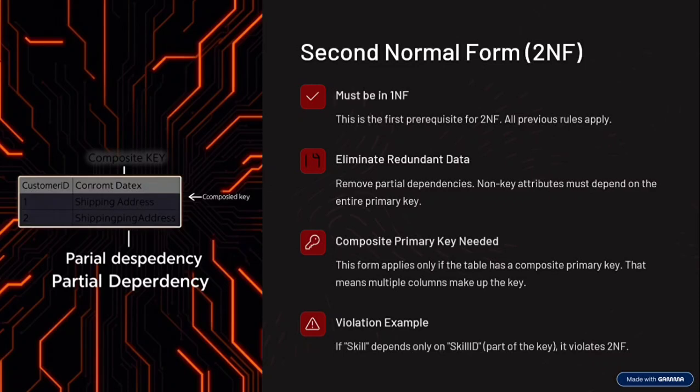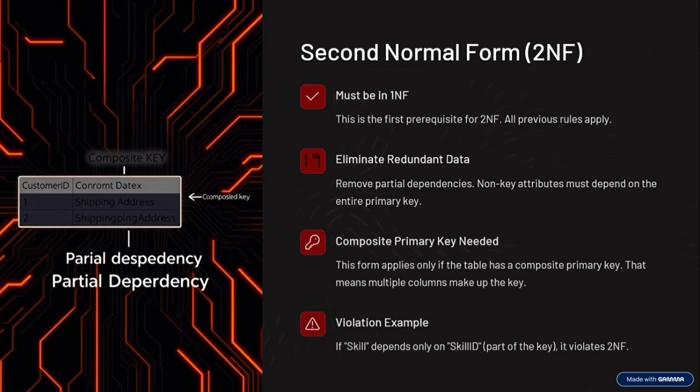This form applies only if the table has a composite primary key, that means multiple columns make up the key. Violation example: if skills depends only on skill ID, part of the key, it violates 2NF. So the non-key attribute should not depend on just part of the key.